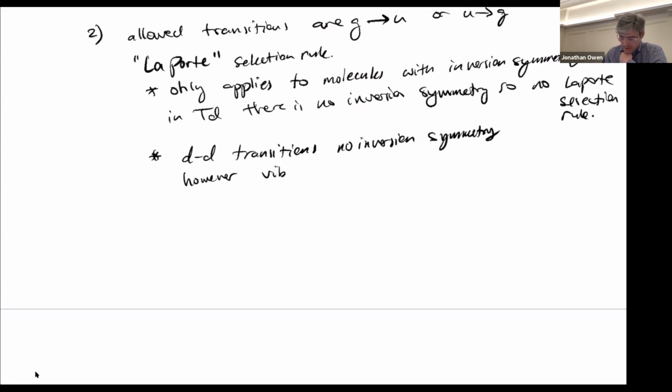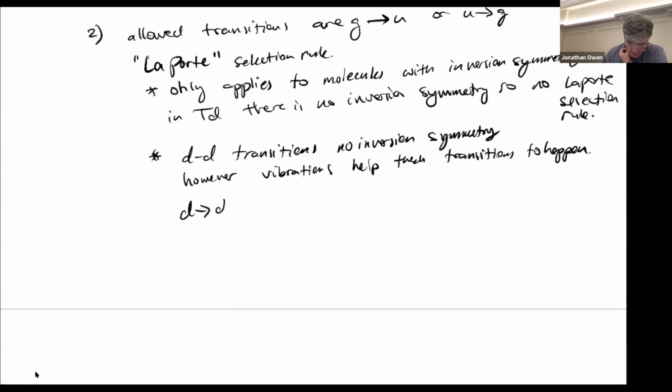However, vibrations help these transitions to happen. Okay.